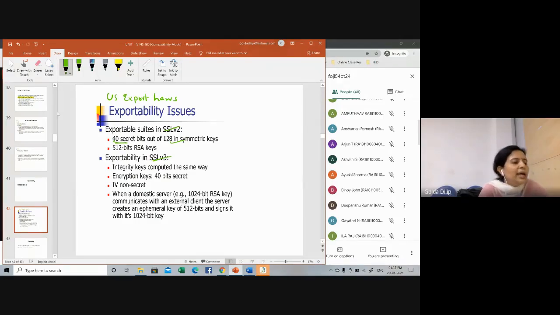In exportable suites, instead of sending a 128-bit secret encrypted with the server's public key, the client, since there is a limitation of 40-bit secret, encrypts the 40-bit secret with the server's public key, and the remaining 88 bits are sent in clear.